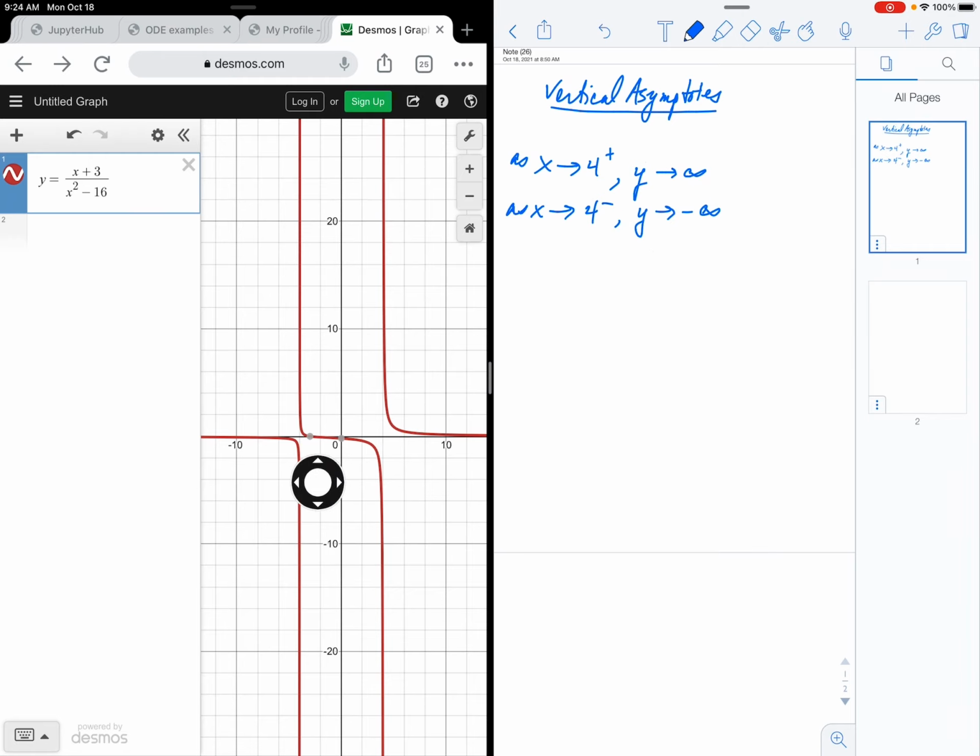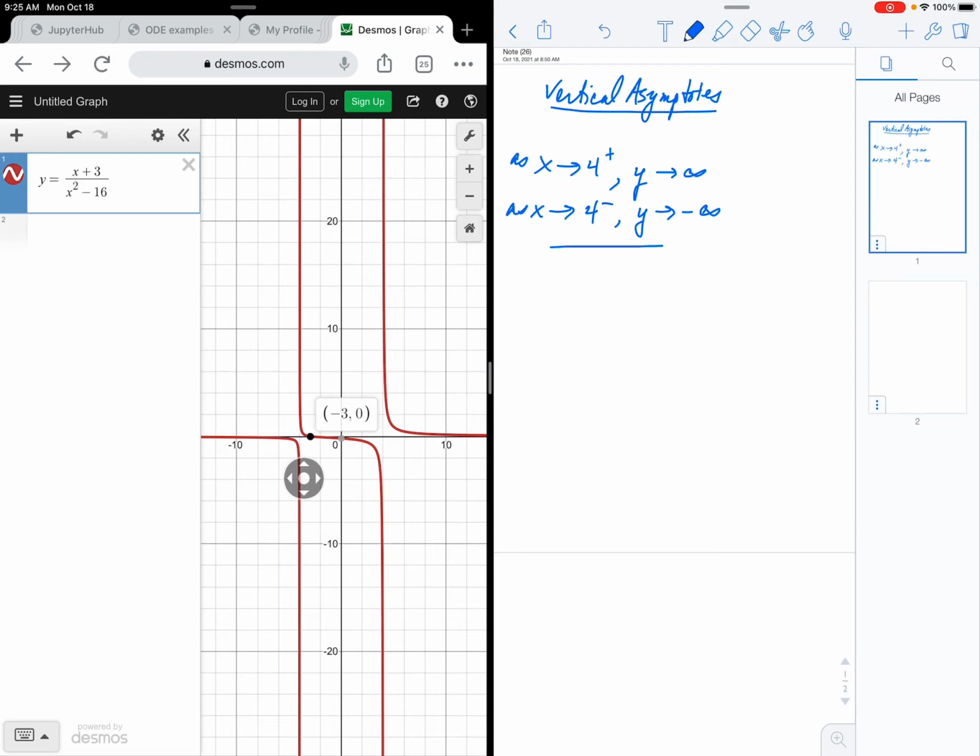Let's see if we can think about what's happening at negative 4. Let's highlight the graph. Here, the x-coordinate is negative 3.94, negative 3.96. The x-coordinate is approaching negative 4 from the right, that is, values that are a little larger than negative 4. What's happening to the y-coordinate? Once again, the y-coordinate is getting larger and larger, higher and higher.